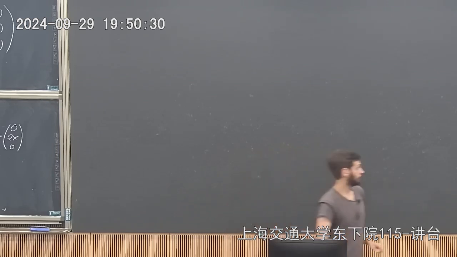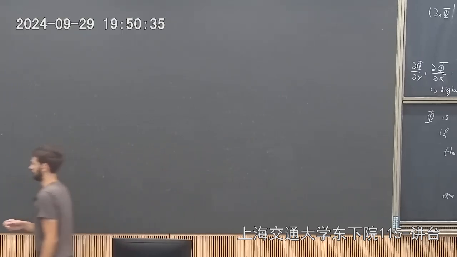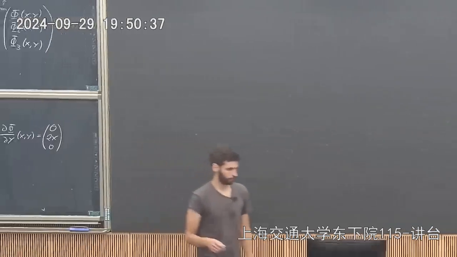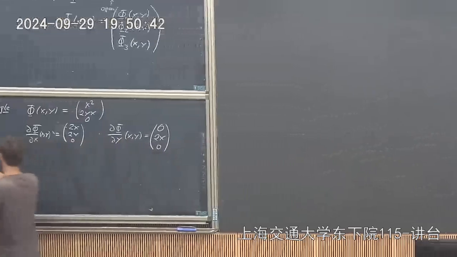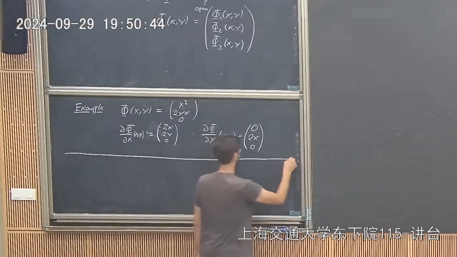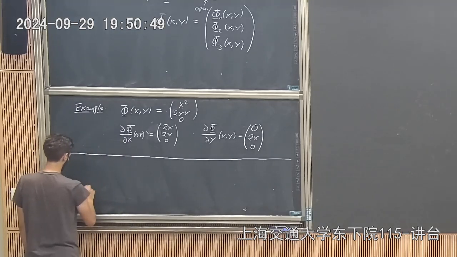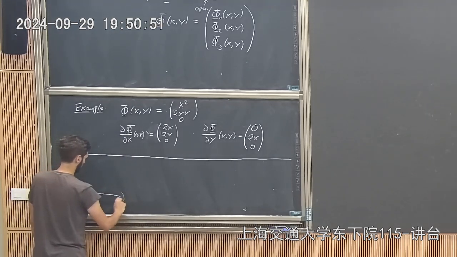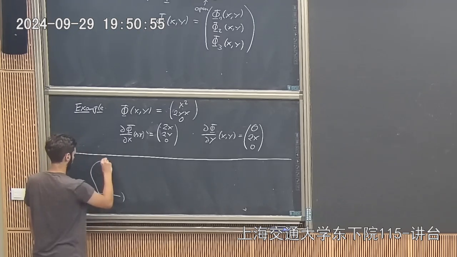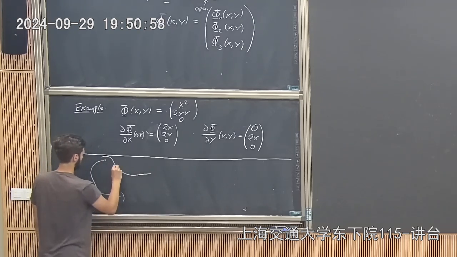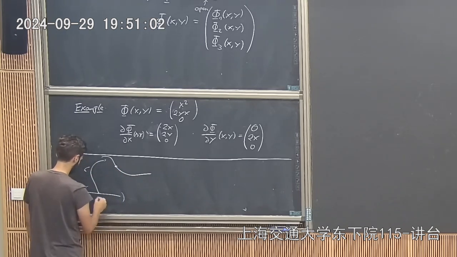And now we need something for curves, which was a bit simple to do, but for surfaces gets a bit harder. For curves, again, we have this open interval, we go to some point, and the map C tells us where on the curve we are.